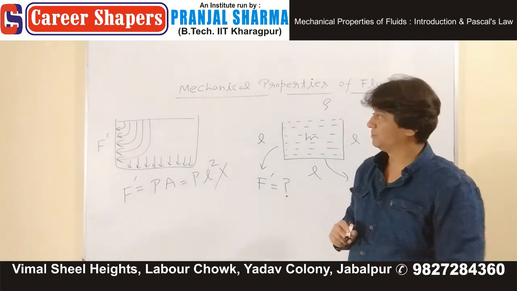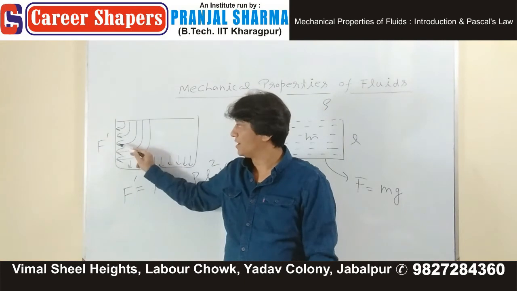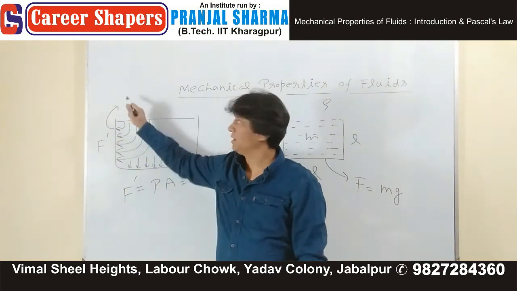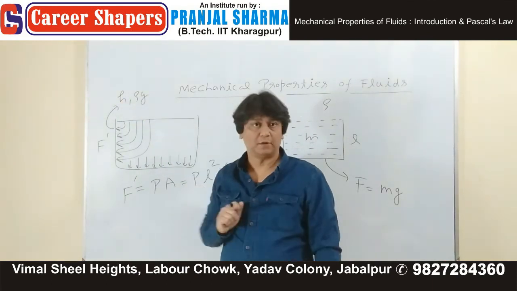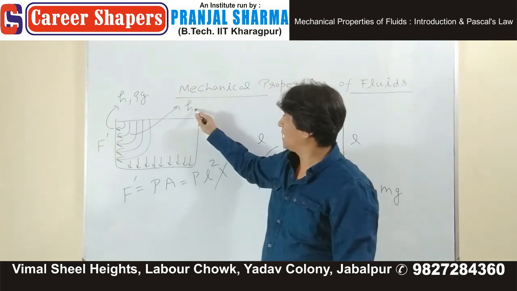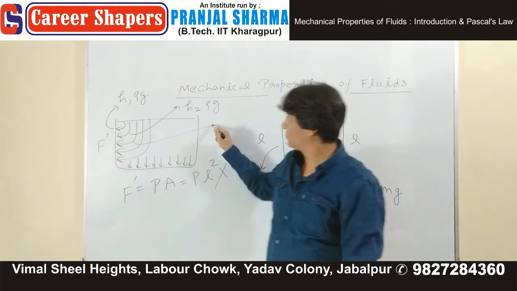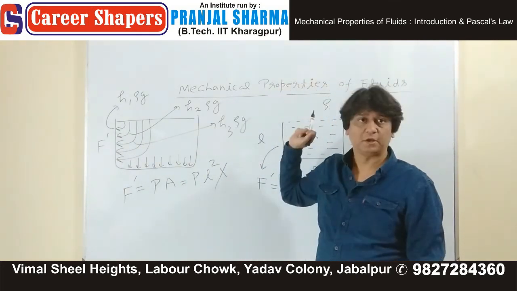Why not? Look at these depths. They are different. So the pressure over here will be H1 rho g. For some other depth, it will be H2 rho g. For some other depth, it will be H3 rho g.